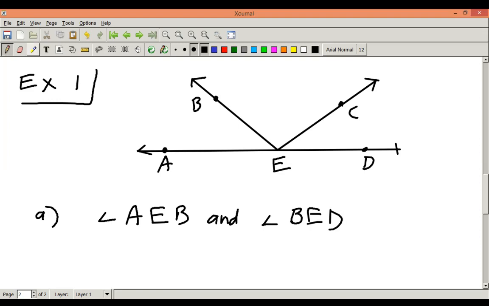So I'm going to highlight those so you can see those. So angle AEB is right there, and angle BED is right there. So if you look at those, they add up to a straight angle, so they are a linear pair. They're also adjacent, but they're a linear pair.